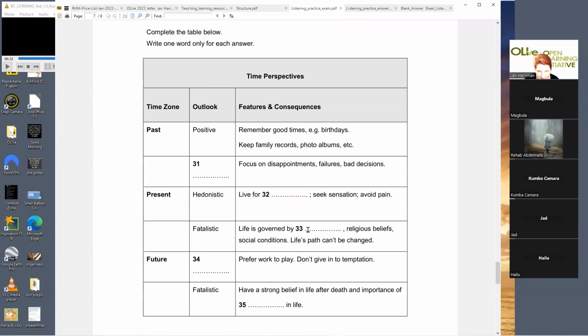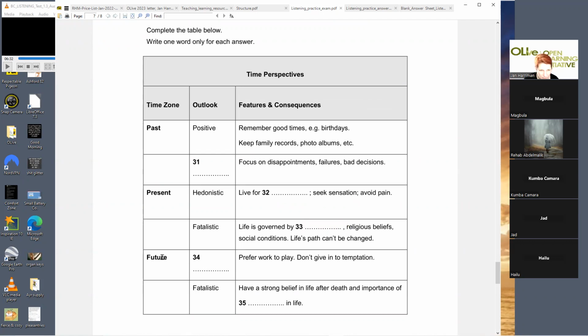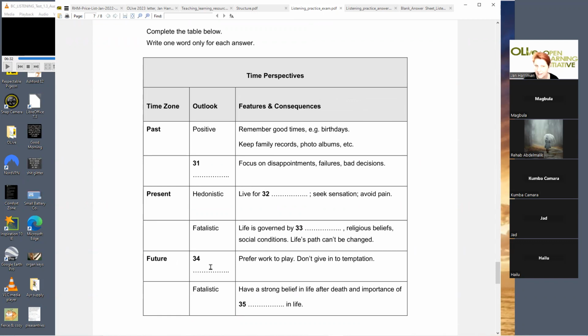And down here, fatalistic, this is probably going to be something negative. Exactly. So second, when we look at the future down here, the second one is fatalistic. So this is going to be something positive. Positive. Again. Exactly.